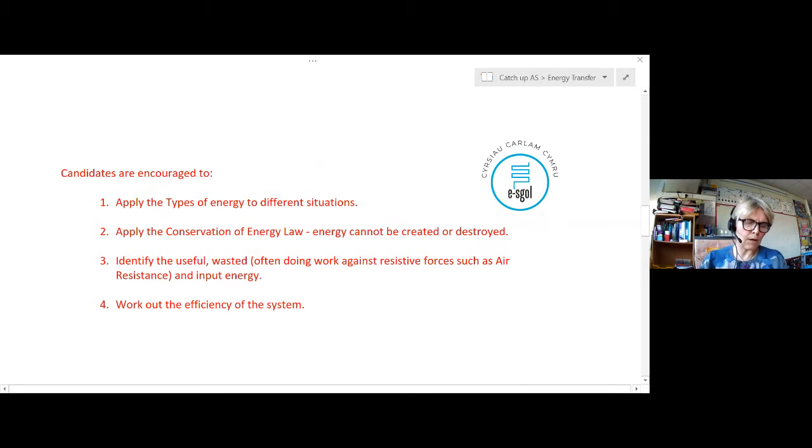You need to identify from the energies you've been given what the useful energy is, what the wasted energy is, what the input energy is, and then work out the efficiency of the system. It's not set in concrete; you have to be able to change from one thing to another.